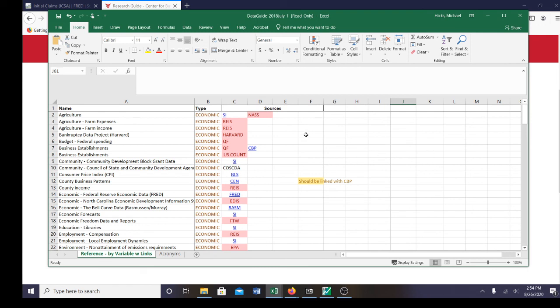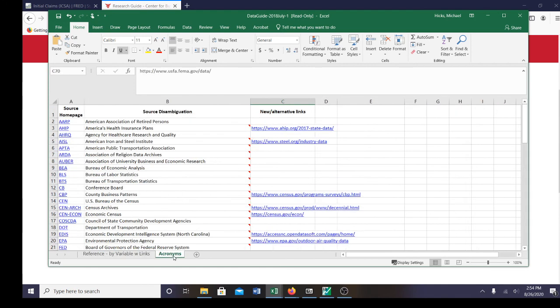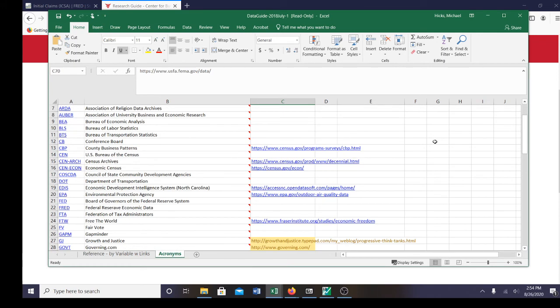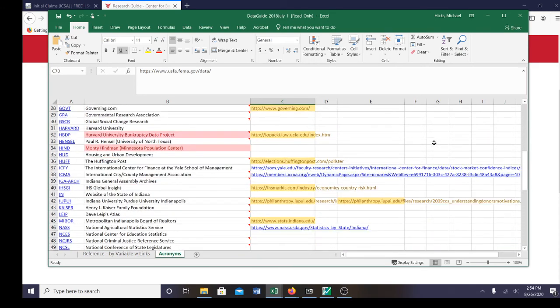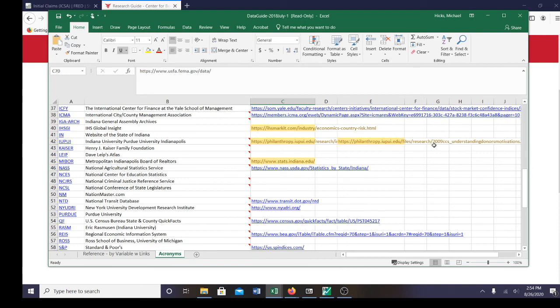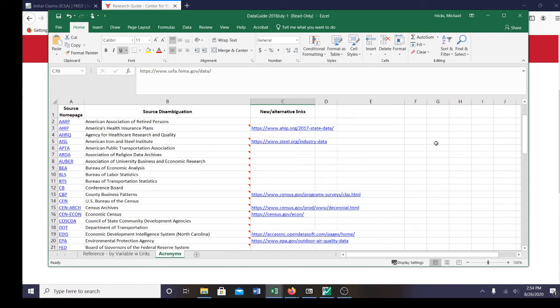These are data with links directly to them. The acronyms over here tell you what the sources of these data are, AAHRP, etc. Fairvo data project at Harvard, and these come on and offline, but they're a pretty robust set of data sources.